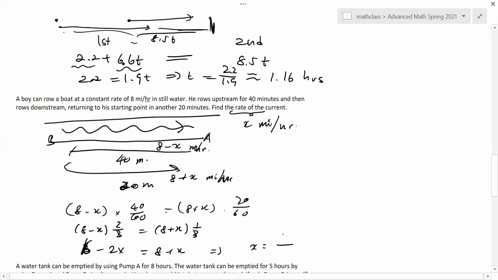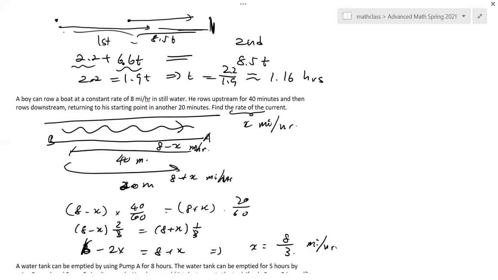Yeah, 8 over 3. This is miles per hour. So someone says 4 miles per hour. Aha! We draw the picture to set the equation for the distance.